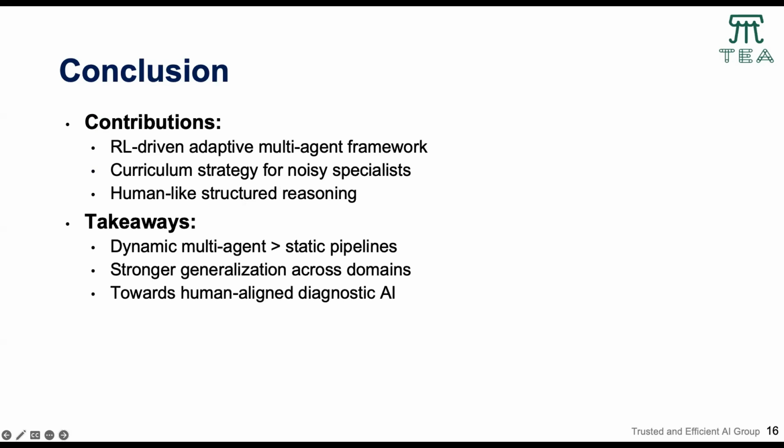The takeaways are, first, a dynamic multi-agent system is better than static pipelines of a multi-agent system. And this kind of RL can also increase generalization across different domains in medicine. And this paper also introduces a pipeline that can move the multi-agent system towards human-aligned diagnostic AI.